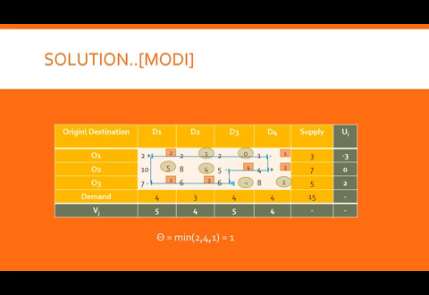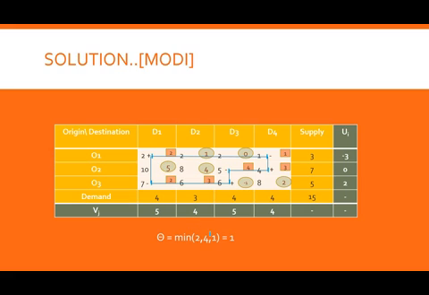So now you observe that you have 3 plus thetas and 3 minus thetas. So all the minus theta values have to be considered so that I'll get the new theta value. So at minus theta here I have 4, at minus theta here I have 1, and at minus theta here I have 2. So I have 2, 4 and 1.